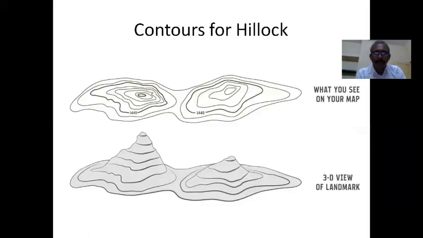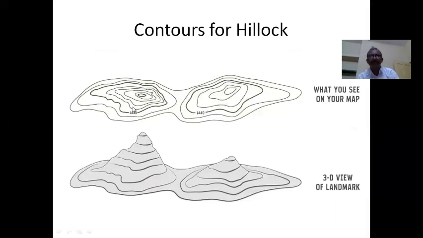Before we go further into this lecture, I would like to refresh your knowledge on interpreting contours. See here, this is a hillock. There are two hillocks, and for this hillock, if one does a topographic survey and draws contours, something similar to these contours you will get.